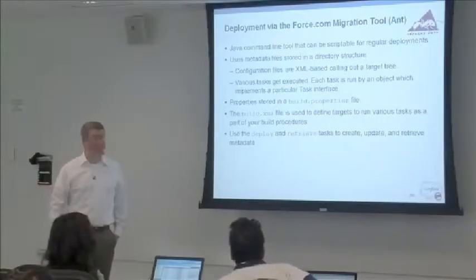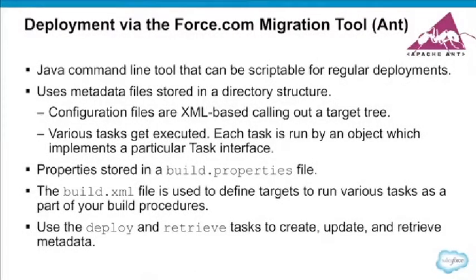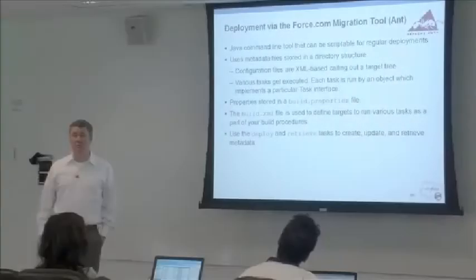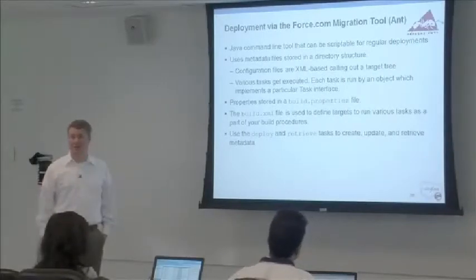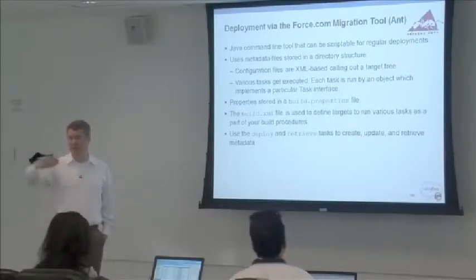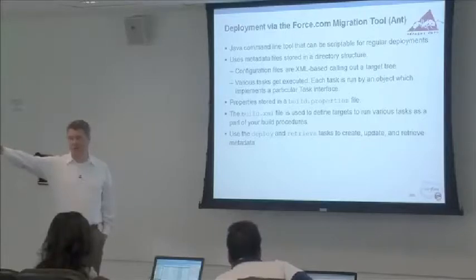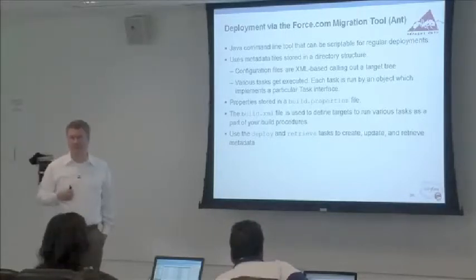Okay. The Force.com migration tool is some extensions to Ant, which is a Java-based utility that utilizes XML files to automate processes and scripts and so on. That's out there and available. You can download it from developer.force.com. Essentially, we've added 2 extensions, 2 actions: deploy, in other words, push metadata up to Salesforce, or retrieve, pull metadata down from Salesforce.